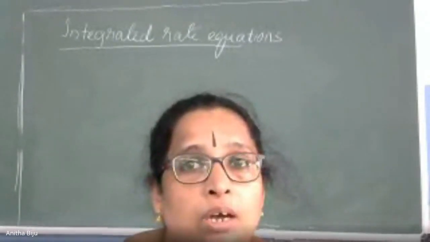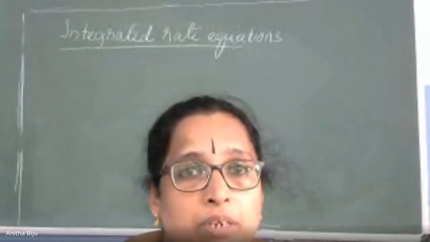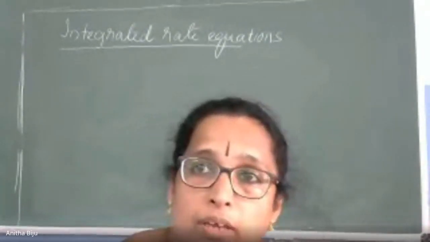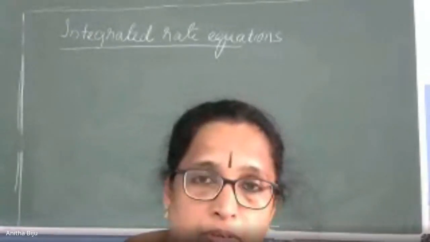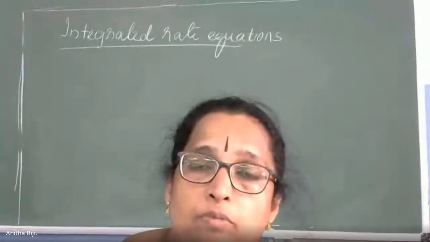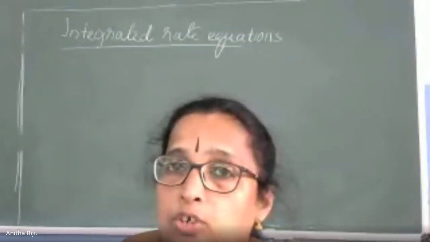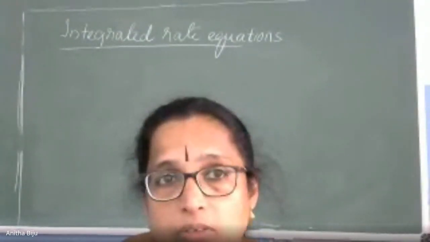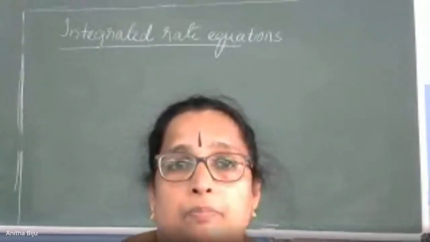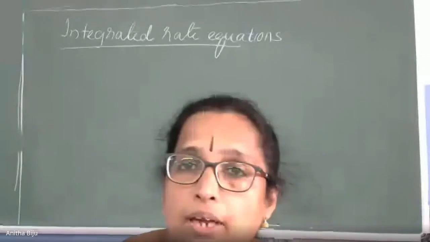There we have plotted a graph connecting time and concentration. You know that we are getting a curve. So the slope of the curve is there. From the slope we can find out the rate of the reaction. Okay, rate of the reaction means what? Change in concentration with respect to time, whether it is reactants or product.